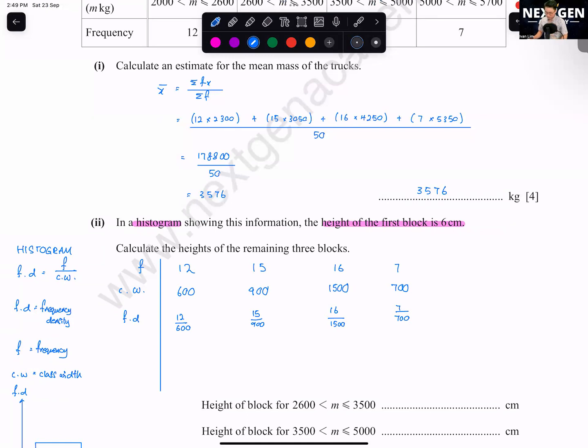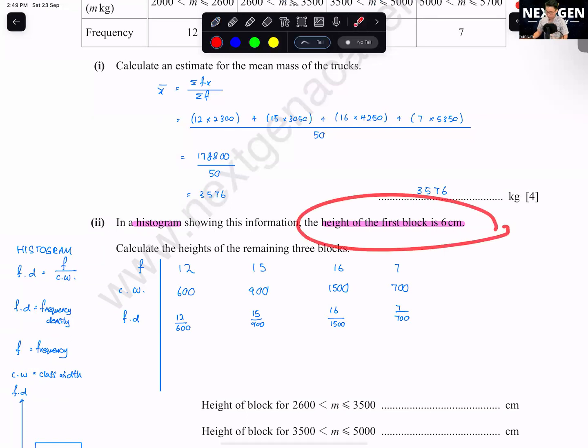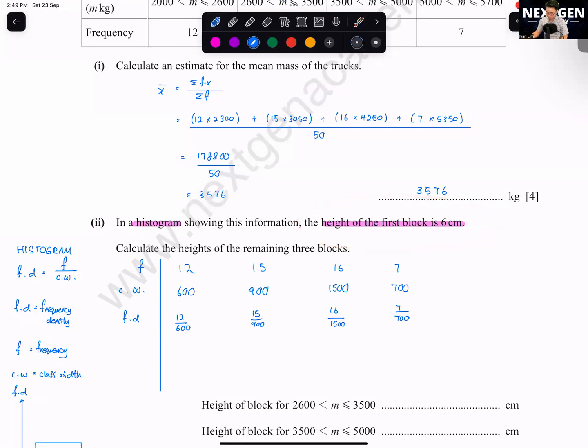Then the last part, they say the height of the first block. Basically, this is your frequency density. So when your frequency density is 12 over 600, the height that they give us here is 6 cm. So we need to find the multiplier for this.